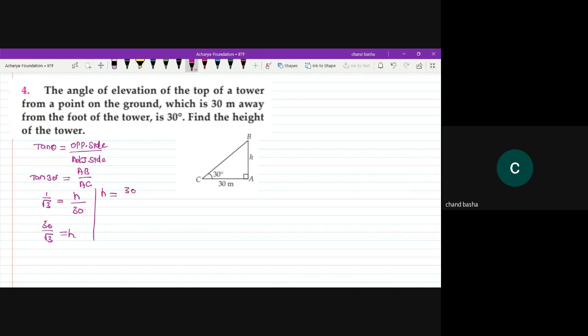You can multiply and divide, that is called rationalizing. Square root of 3 divided by square root of 3 is equal to 30 root 3 divided by root 3 whole square, which is 3, so 10 root 3 is the required answer.